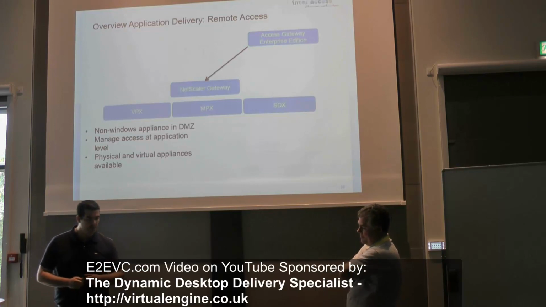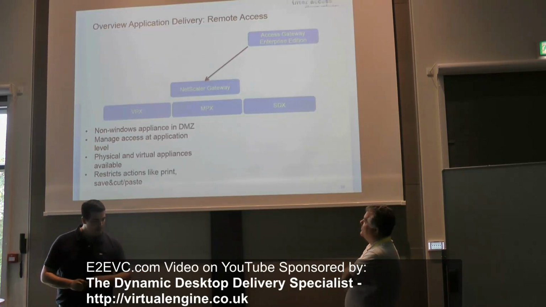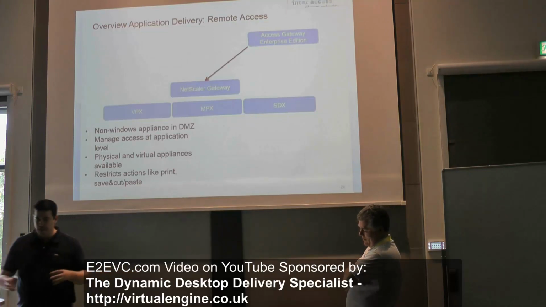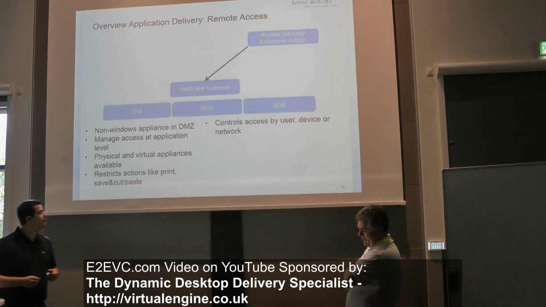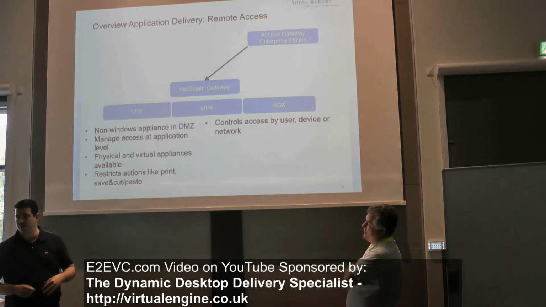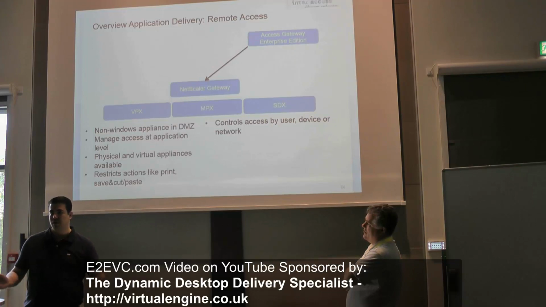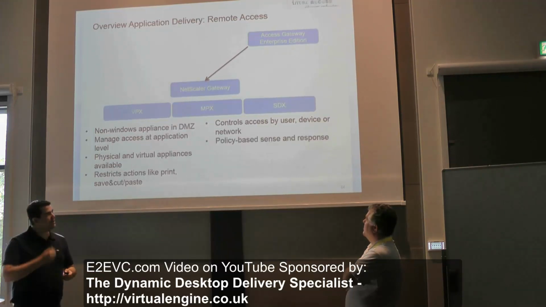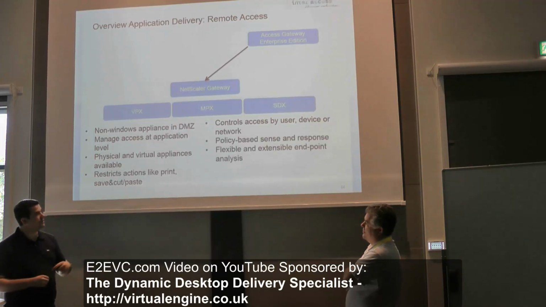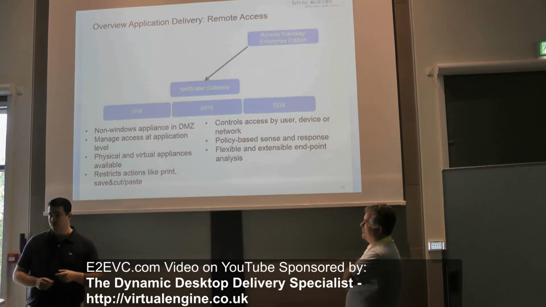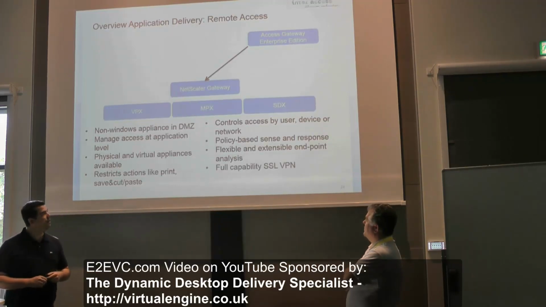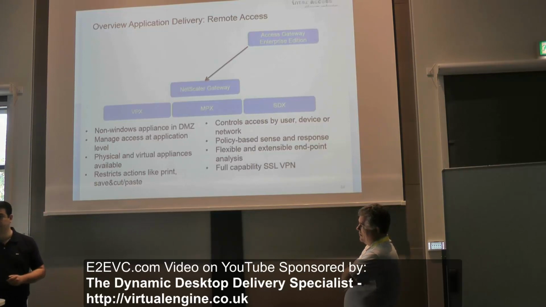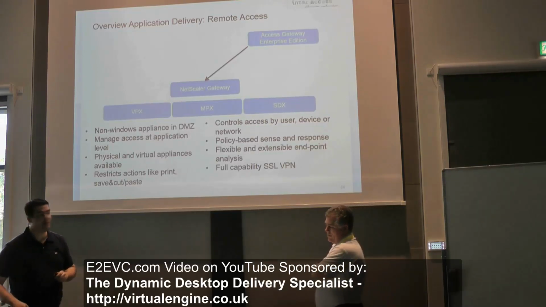Like I said, physical and virtual appliances are available. It can restrict actions like clipboard, copy, stuff like that. It controls access by user, device or network, so it can be intelligent. Policy-based session response and flexible endpoint analysis. And full-capability SSL VPN, which Barry has a good blog on, numbers and stuff like that.